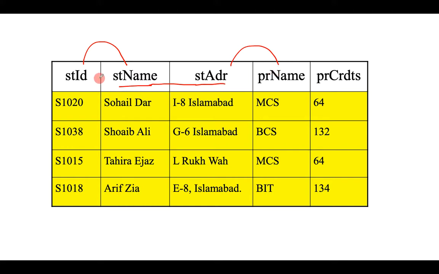That would be student ID plus student address will be able to determine the program name. First, student ID determines student name, that is A determines B, then student name plus student address determines program name, BC determines D, and after that we get AC determines D, that is student ID plus student address determines the program name.